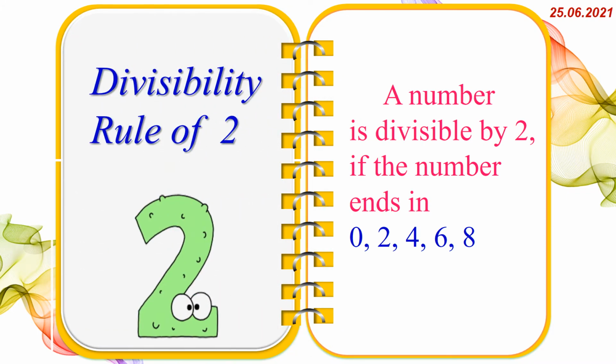A number is divisible by 2 if the number ends in 0, 2, 4, 6 and 8.